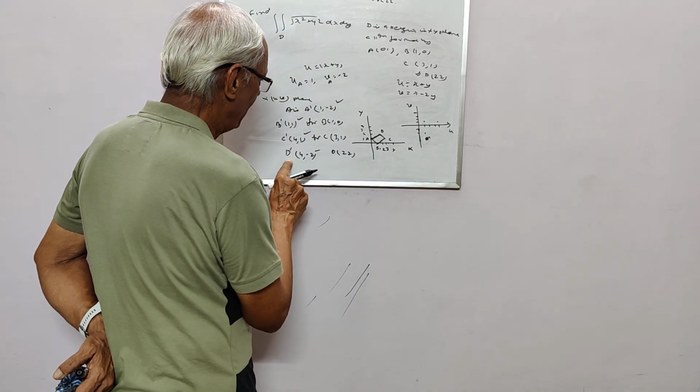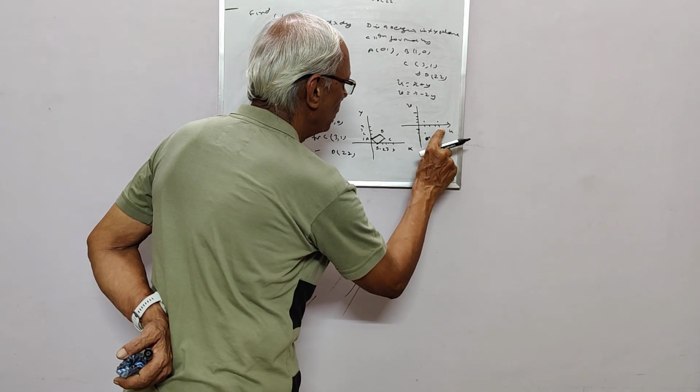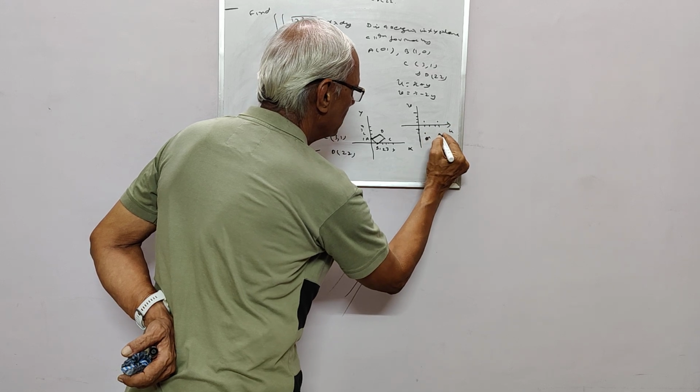And D dash is 4 minus 2. So 4 minus 2 here.